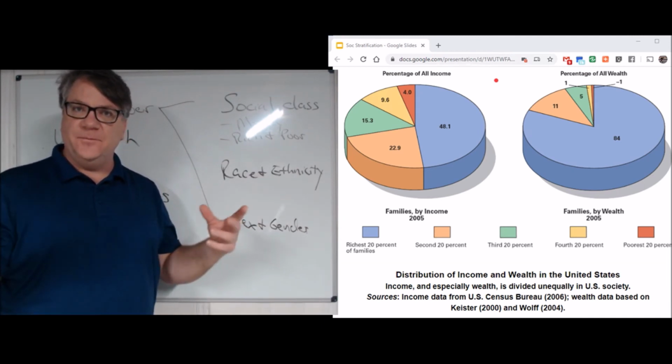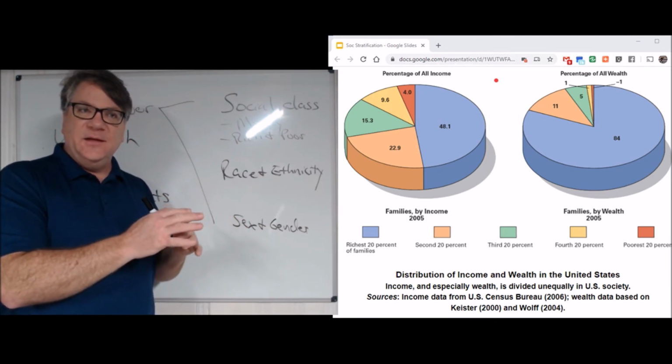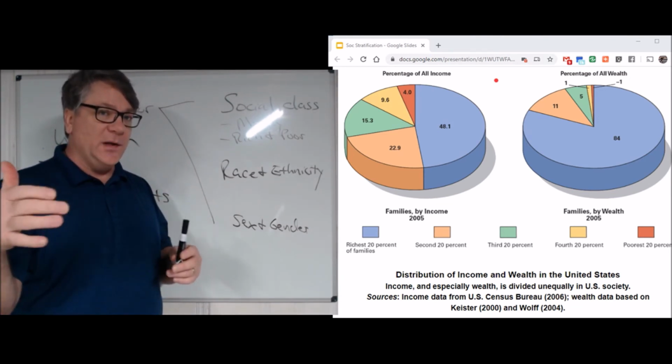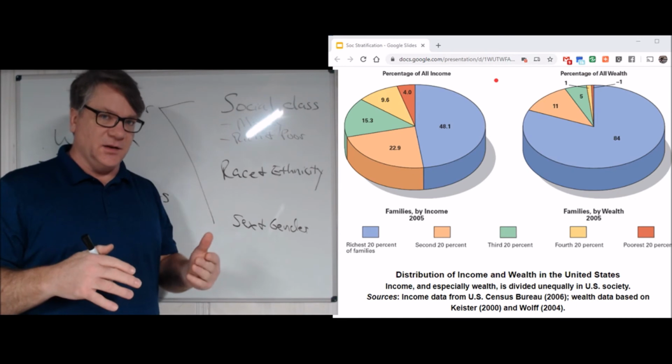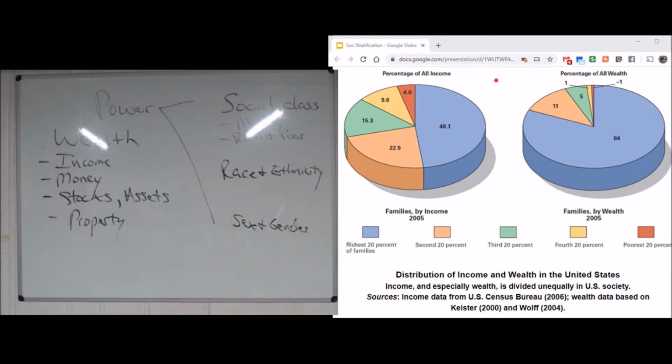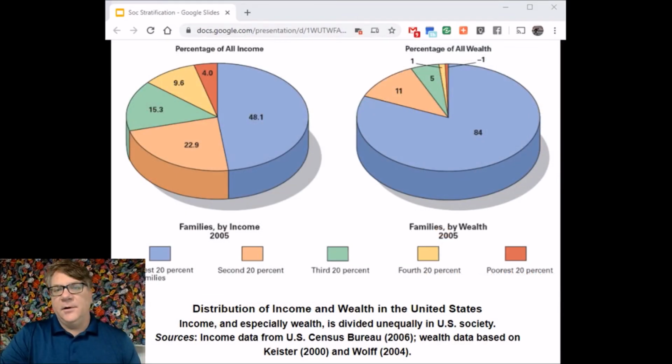Okay, so income is important, is an important predictor for wealth, but wealth is more than just income, okay? However, let's look at something. So, here's some things I want to point out to you about this. All right. Explain what is negative 1%. All right?